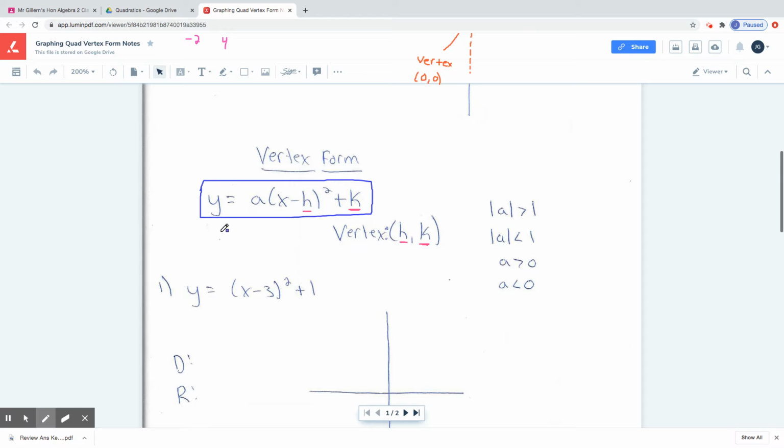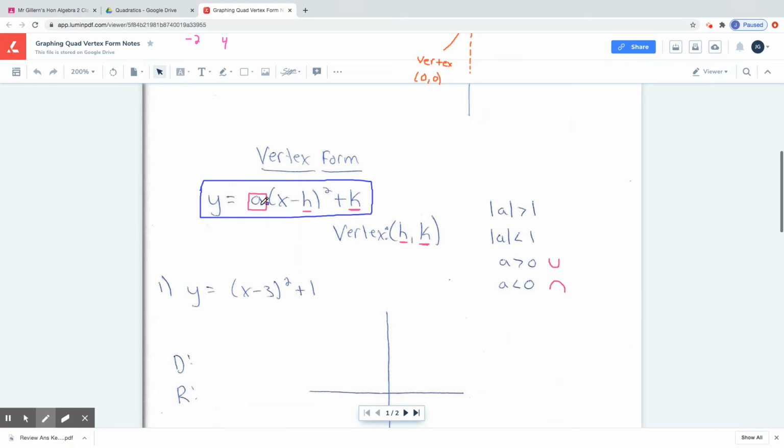All right. This a determines a few things. This tells us the direction that the parabola is going to be pointing. If a is greater than 0, meaning positive, it's going to face up. If a is negative, or less than 0, it's going to face down.